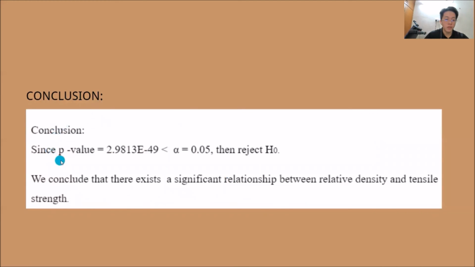Conclusion: since the p-value is 2.9813 times 10 to the power of negative 49, which is smaller than alpha 0.05, we will reject the null hypothesis. So we can conclude that there exists a significant relationship between relative density and tensile strength.